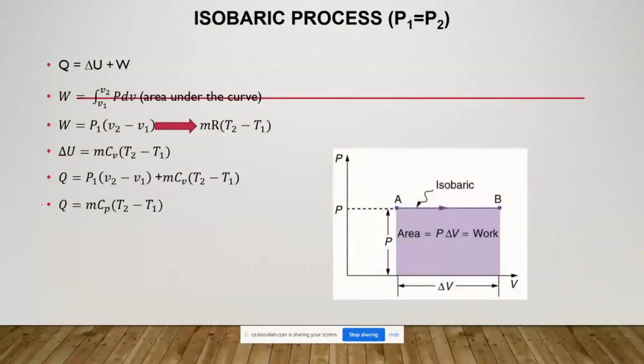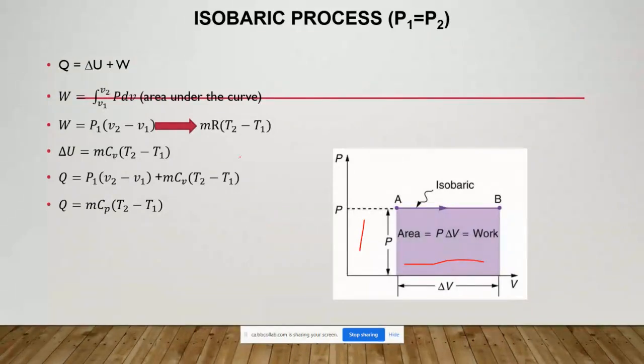The second one is the constant pressure process. You can see from a PV diagram that the area under the curve, the work, is going to be the pressure, which can be P1 or P2, multiplied by the change in volume. So this is a rectangle, and its area is pressure multiplied by delta V. That is the work done for this process, which is P1 (V2 minus V1).